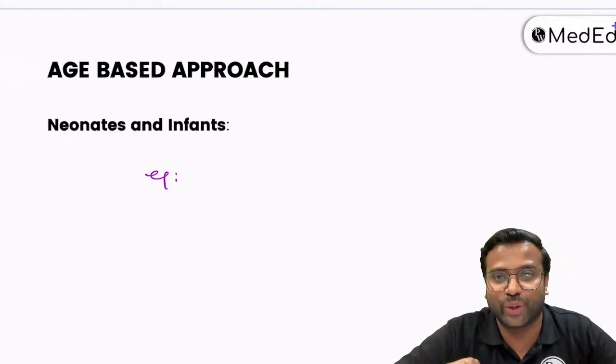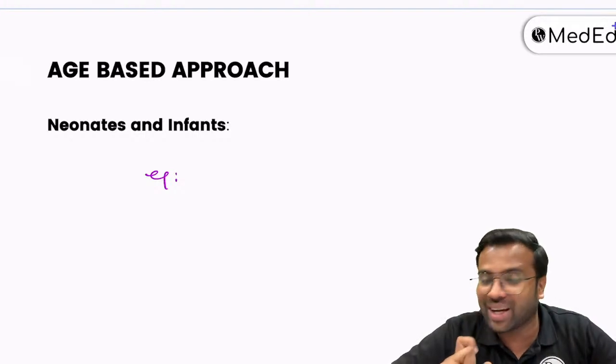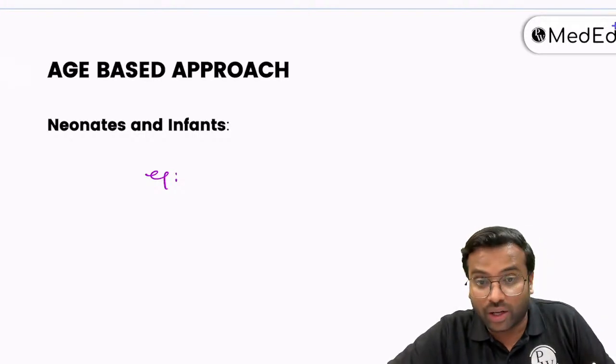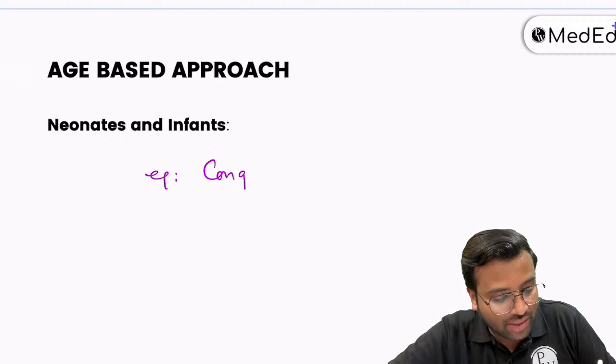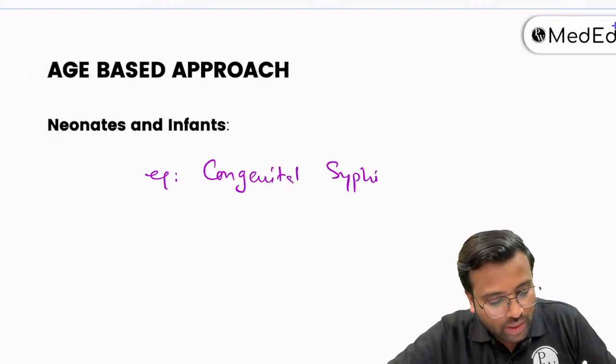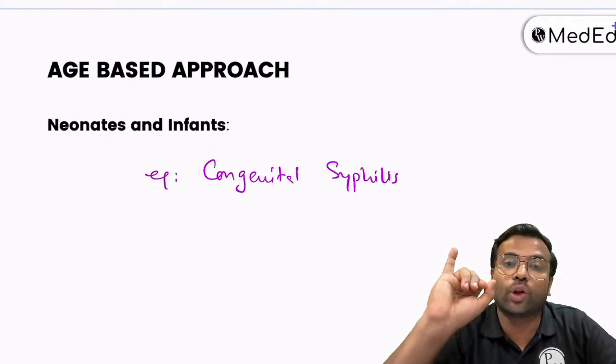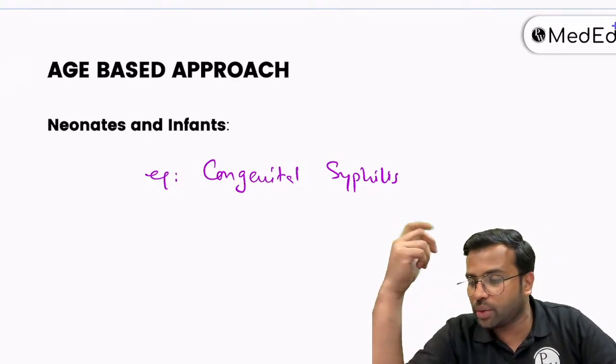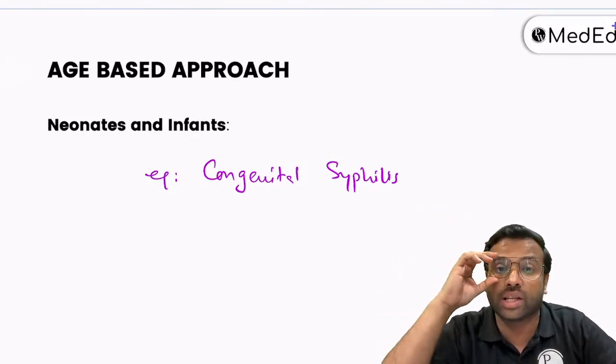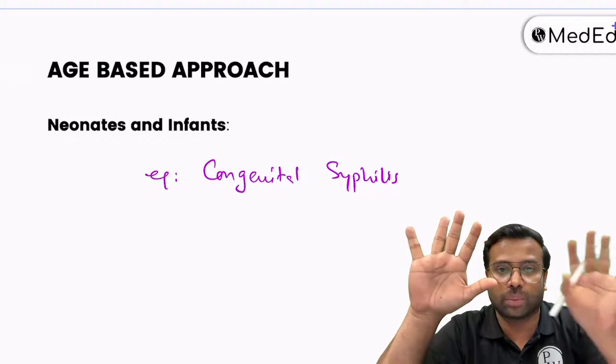So these are the clues for you. So this disease where a neonate can present to you is called congenital syphilis. In congenital syphilis, a child can present to you with vesiculo-bullous lesions, and especially you can find these over the palms and soles.